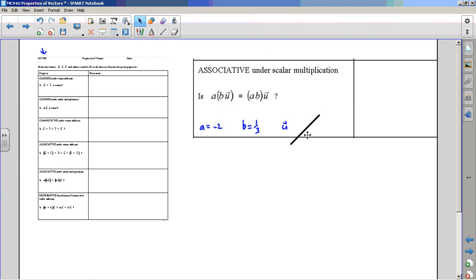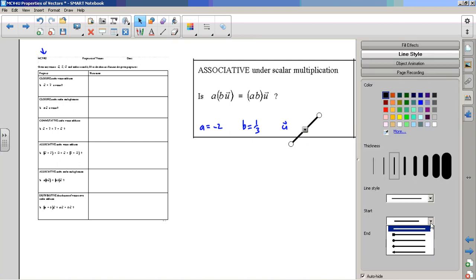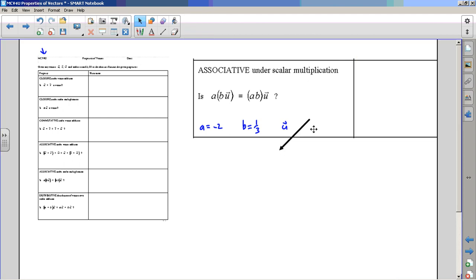We don't care. Not the zero vector, because the zero vector isn't very interesting. Make this a vector. Okay, there's a vector U. Dandy. And so we're going to build the left side expression. So what would 1/3 of U look like? 1/3 of U would be this vector that's about 1/3 as long.